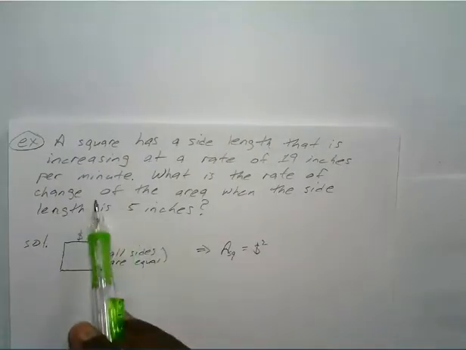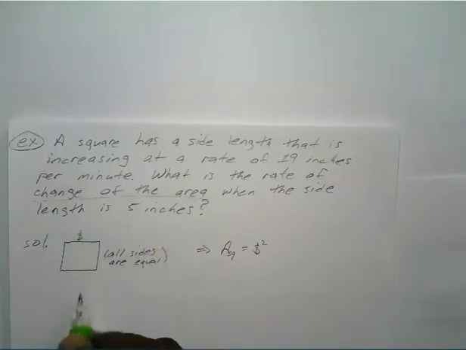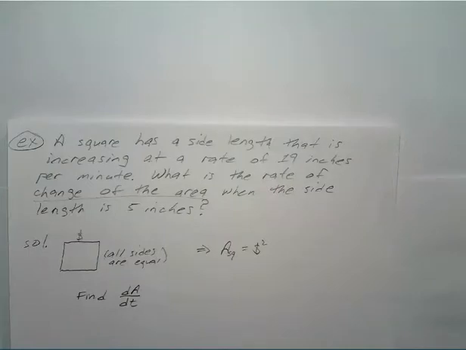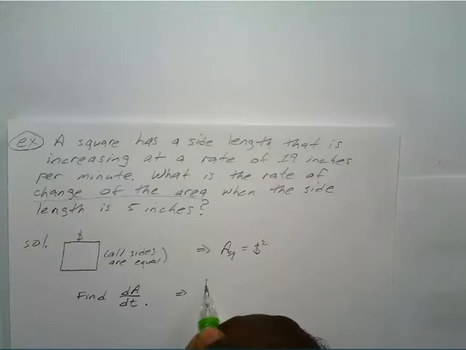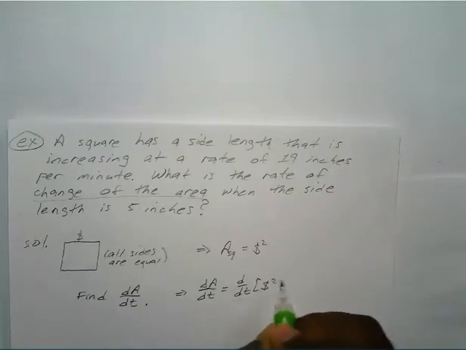We have to find the rate of change of the area with respect to time. So how do we do that? Well, we have our area. So the rate of change of the area with respect to time is equal to the derivative with respect to time of S squared.